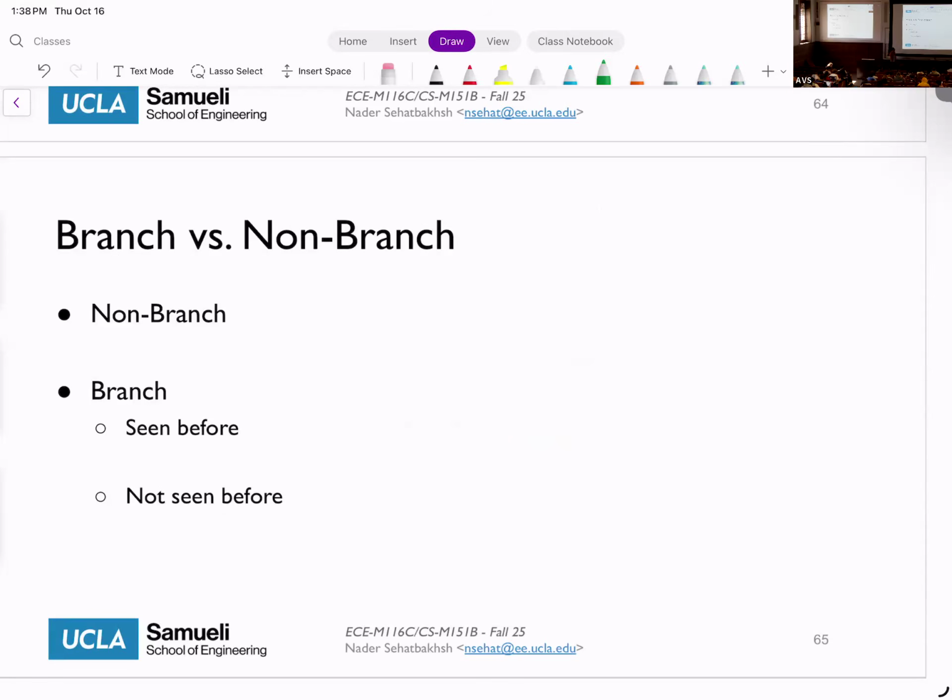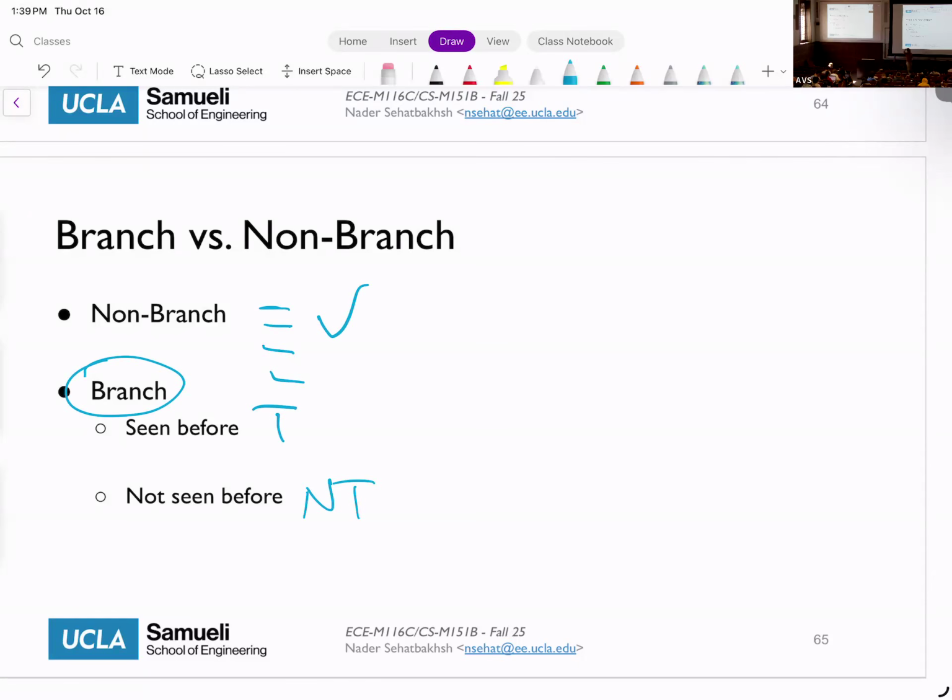All right, so to break this down for all the instructions, as you can see, for non-branch instructions, predicting taken is not a problem because the instruction is not in the BTB, so we are good to go. For branches that were seen before, we will predict taken. For branches that we haven't seen before, we're going to predict still not taken. So keep that in mind, it's kind of a dual behavior.